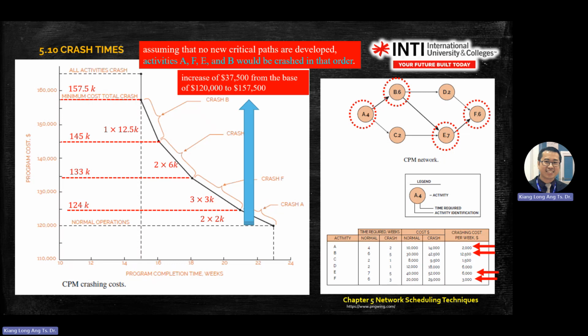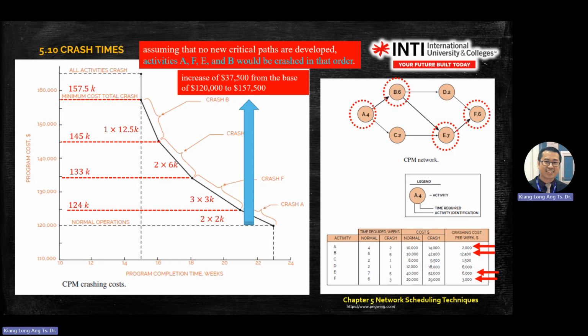So you see, a normal operation is 120,000. But if you crash from A to B to E and F, let's say the worst scenario, you're estimating the worst scenario. This is a risk assessment procedure.